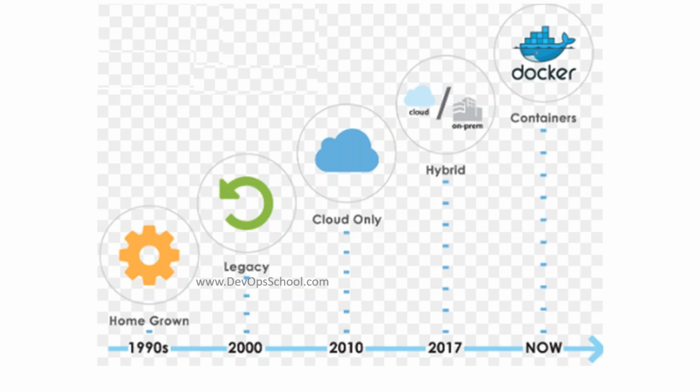Slowly we migrated to cloud, then hybrid. And nowadays, for the last few years, we are running applications in containers. Containers are not persistent, whereas cloud is persistent. You create a few VMs and they will be there, but containers are not persistent. So you are running applications in containers.